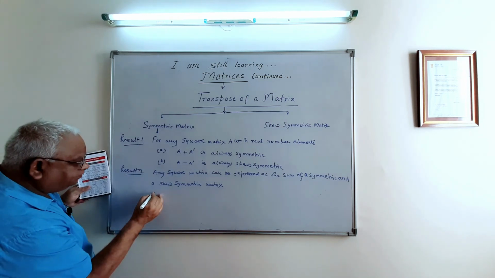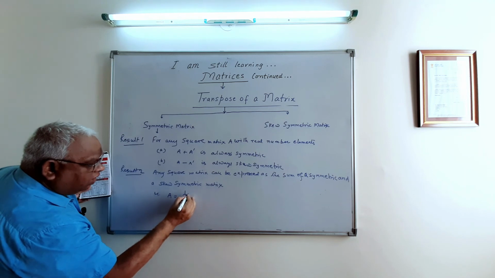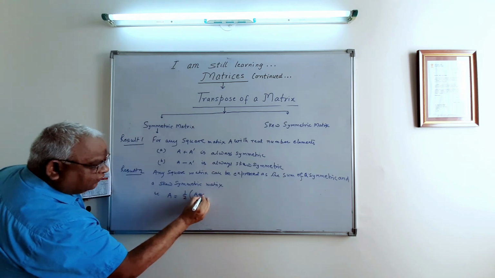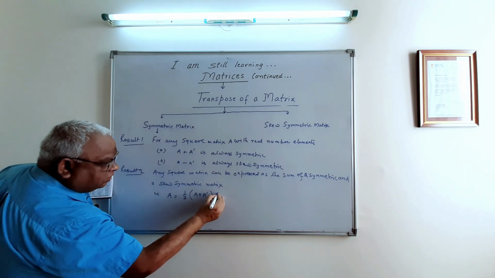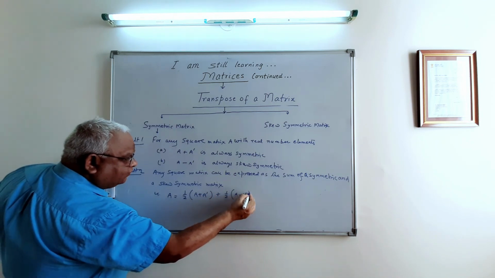That is, A can be written as half of A plus A transpose plus half of A minus A transpose.